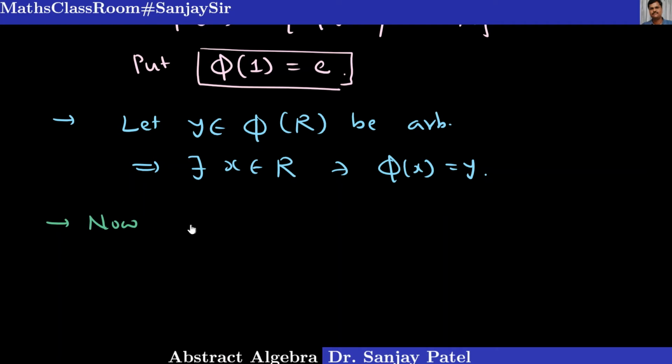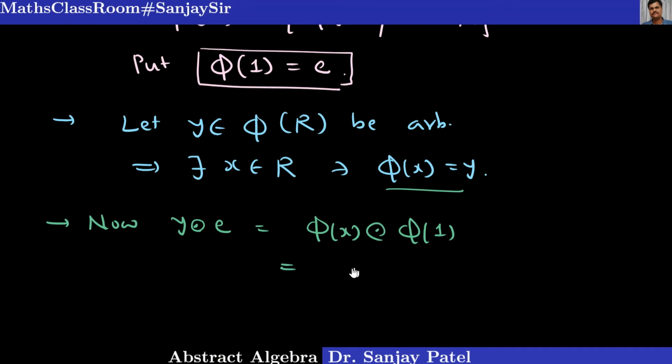So I can write the operation of multiplication in R dash, that is codomain. Y circle E is equal to phi of X circle phi of 1, because Y is equal to phi of X and E is equal to phi of 1.